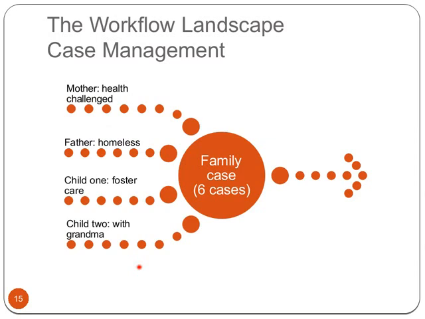So the family case is really 6 or more separate cases that all have to be orchestrated together within perhaps 4 or 5 or 6 different social workers' universes and across many different state and local agencies. So case management really looks at those interrelationships, and it builds data models to track and manage all those different interrelationships.